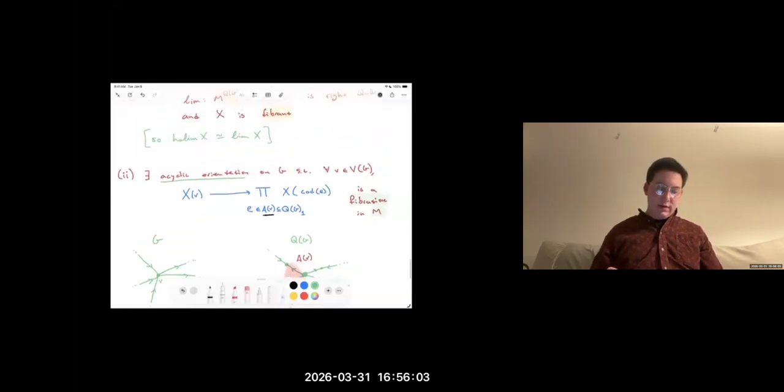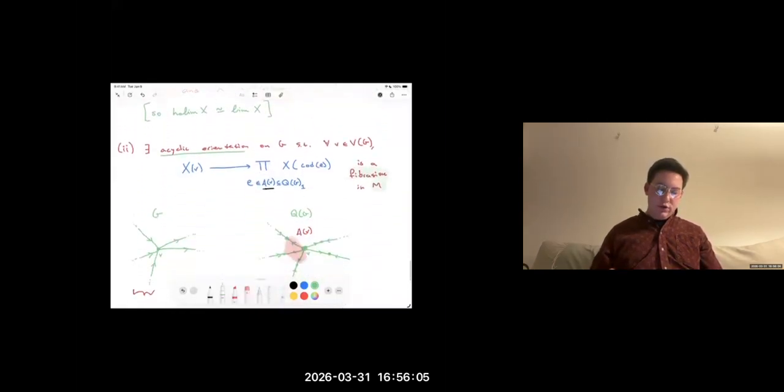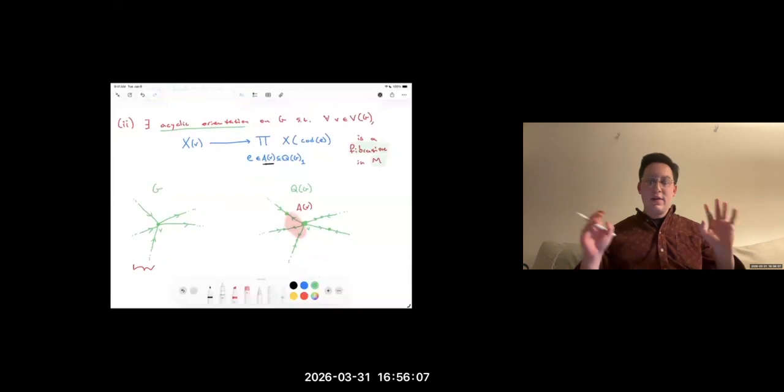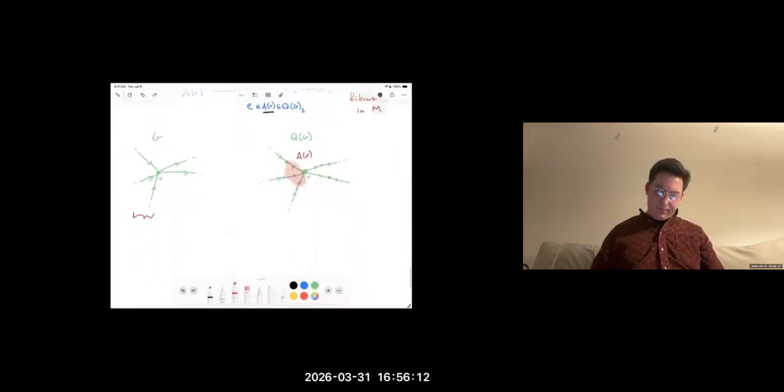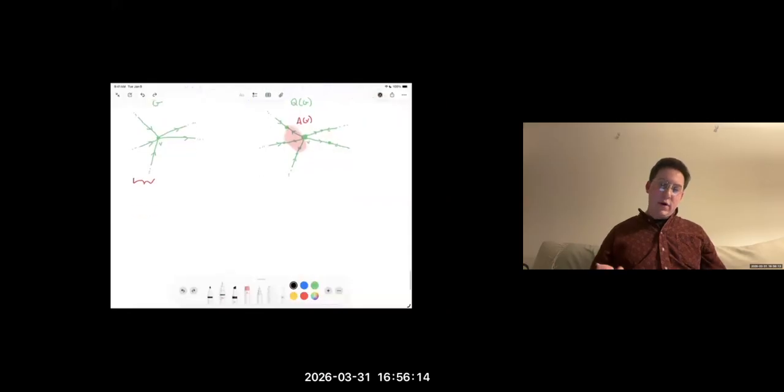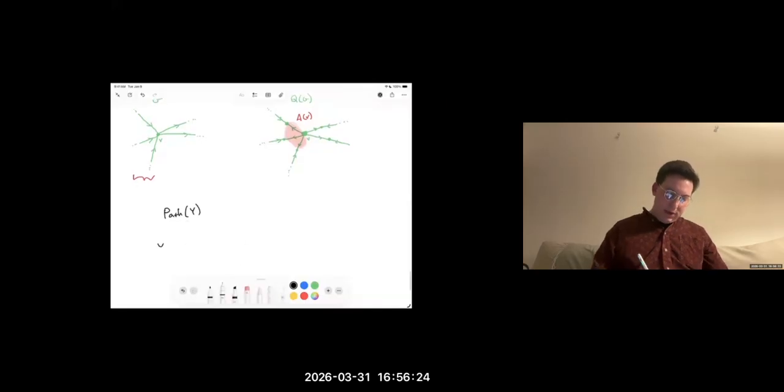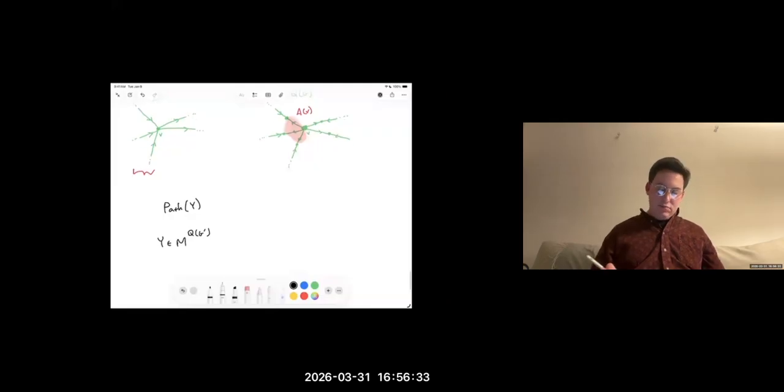Okay, so that's the definition, that's the theorem, that the following are equivalent. You just check the second condition, and then you're automatically guaranteed in particular that the homotopy limit equals the limit. And this can be applied very immediately if I take the path extension of some diagram Y, so say Y lives in some M of Q, say G prime, Y is some diagram, and I take its path extension.